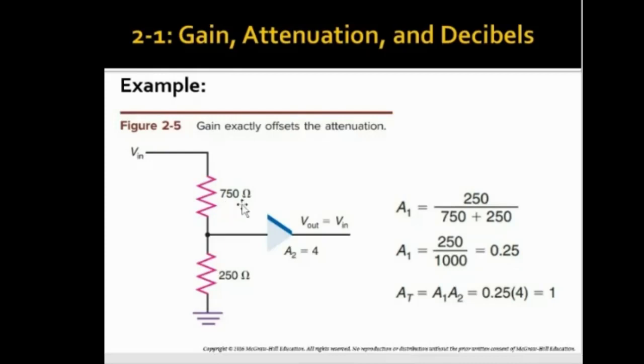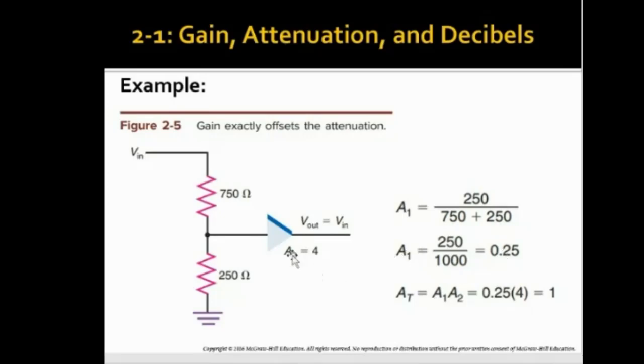We have a 750 ohm first resistor, and the second resistor has 250 ohm resistance. So then we can find the attenuation, which is R2 over R1 plus R2, 250 over 1000. So we have 0.25 attenuation.